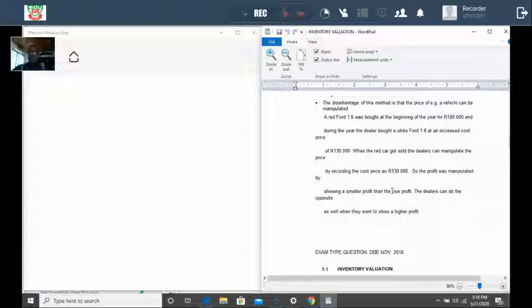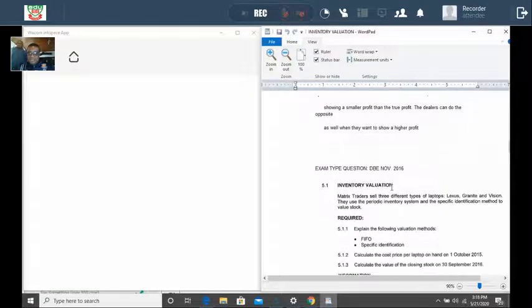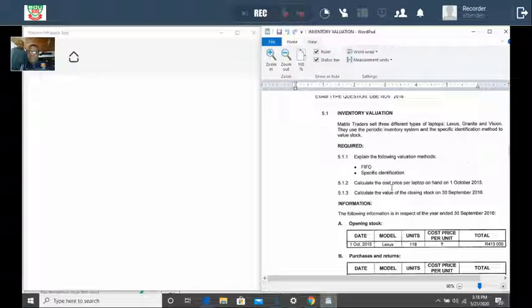We are going to take our example from the November 2016 examination. The question says, Matrix Trader sells three different types of laptops: Lexus, Granite, and Vision. They use the periodic inventory system and specific identification method to value the stock.